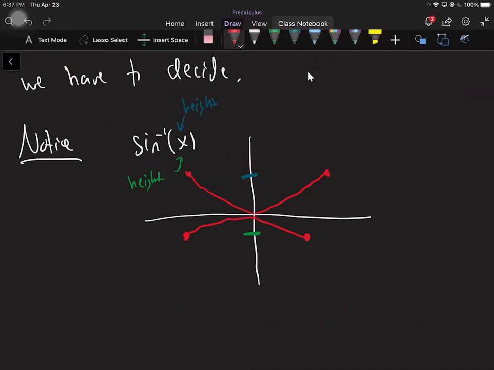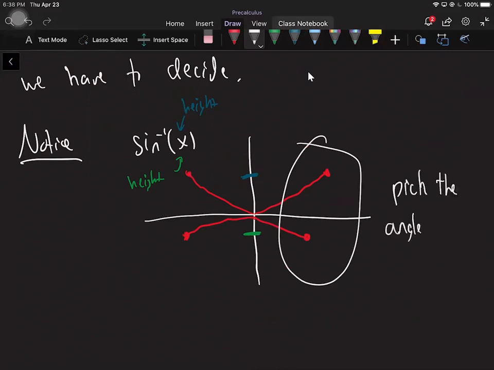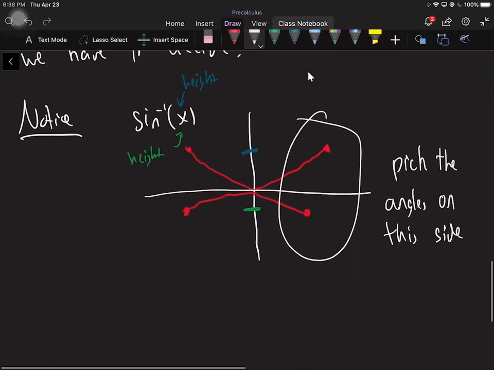So instead of saying that both answers are correct, we have to pick one to make it be a function. We're always going to pick these answers. So we're always going to pick the angles on this side. But we're also going to pick the ones that go from negative pi over 2 to pi over 2.